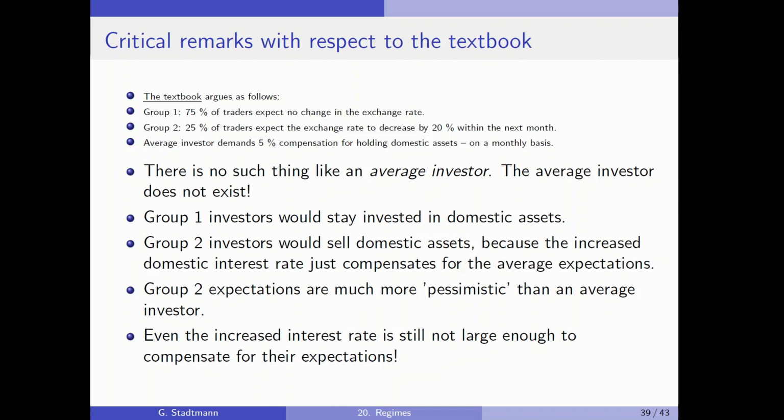But the expectations of Group 2 are much more pessimistic than those of the average investor. Even the increase of the interest rate to the level of 64% is still not large enough to compensate for the expectations of Group 2 agents.